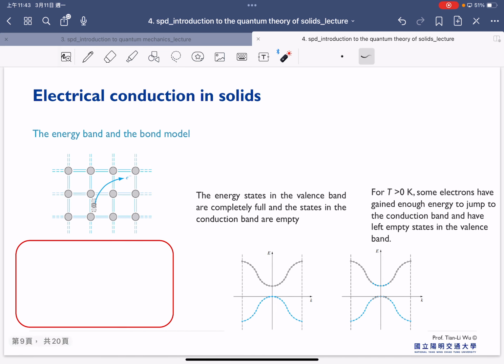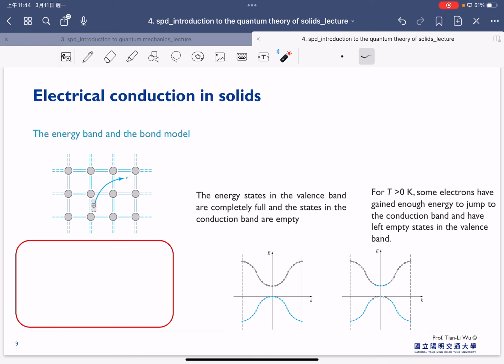Okay, so the previous discussion related to the Kronig-Penney model and the K-space diagram is a little bit of additional concept for your information. In the future, from time to time you will find some people discussing the effective mass, and they will use the K-space diagram to illustrate something.